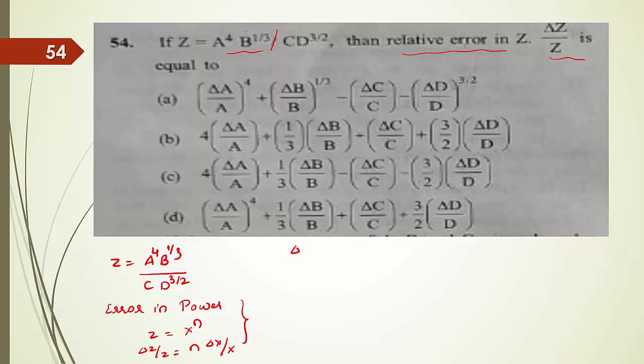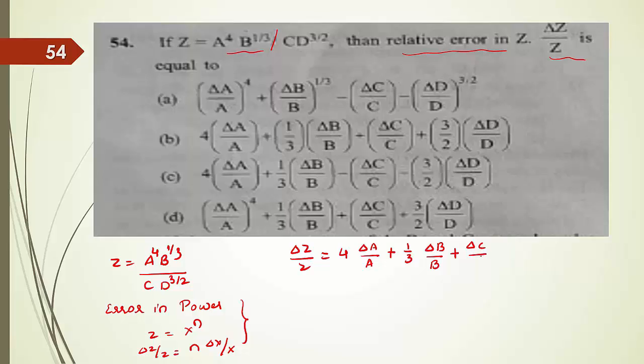Now here I can write delta Z over Z equal to A raised to 4 means 4 delta A over A plus B raised to 1 by 3 delta B over B plus C raised to nothing means 1.